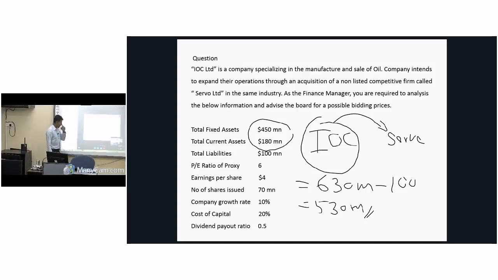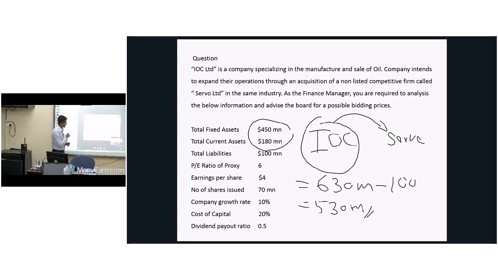Now we go to the income approach. As I told you, we are trying to understand the future cash flows of this Servo and try to give the value. These are some of the information that you have, right?